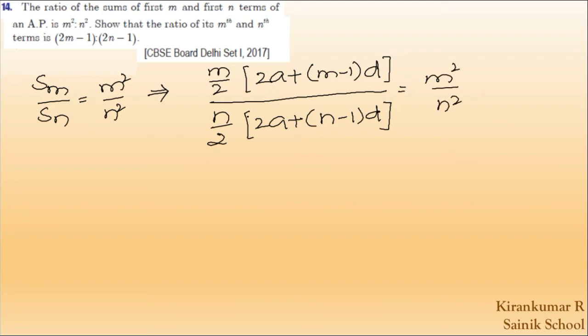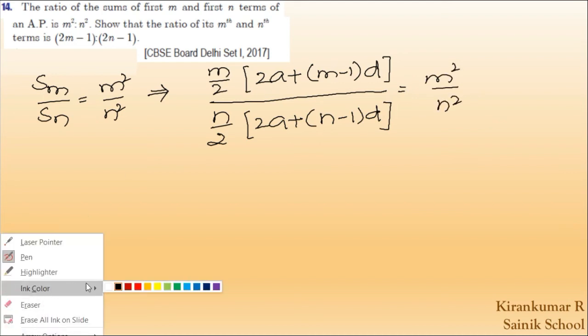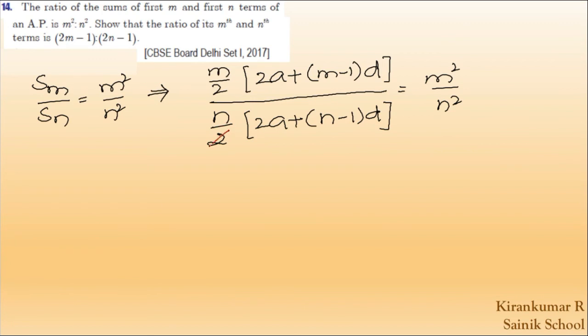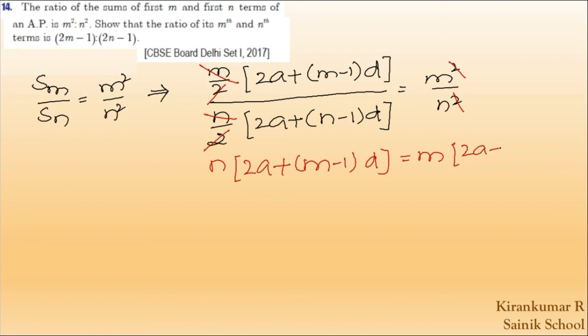What you need to observe is that in the numerator and denominator, these two get cancelled. Left hand side m and one of the m on the right hand side, same way with the n, get cancelled. So we'll be getting n times of 2a plus m minus 1 into d equal to m times of 2a plus n minus 1 into d.